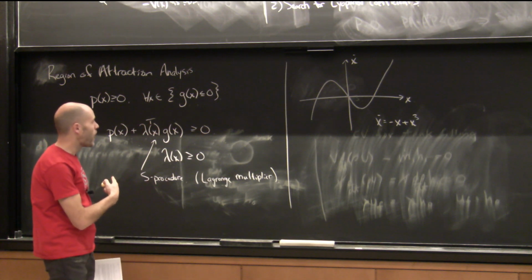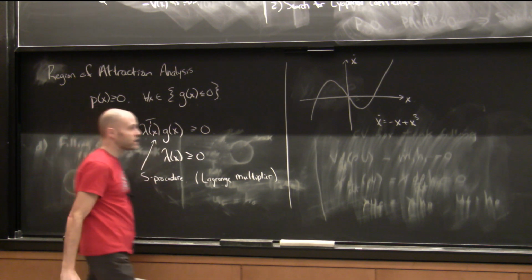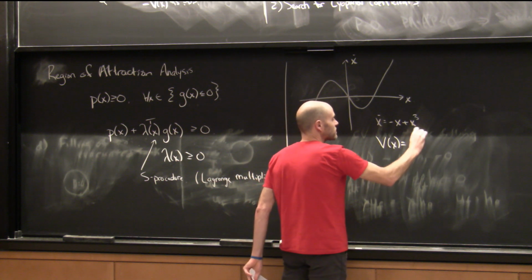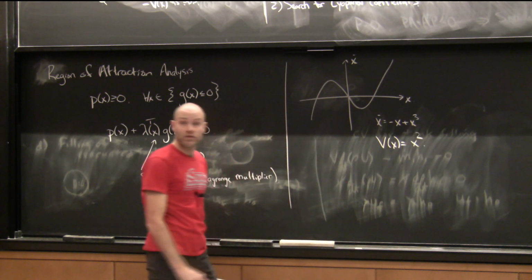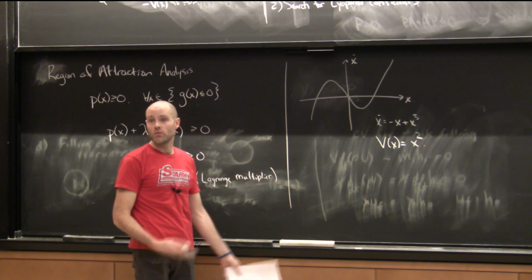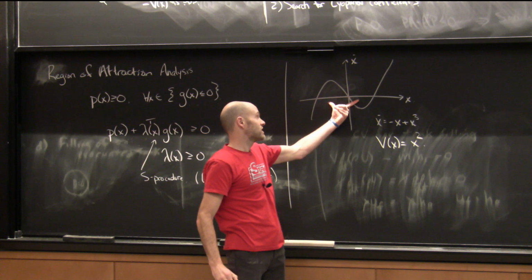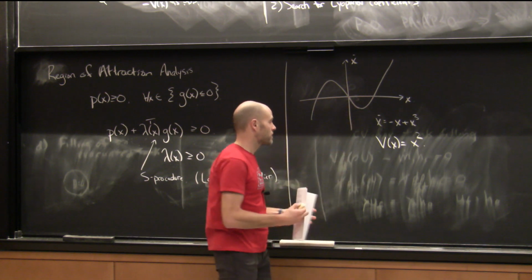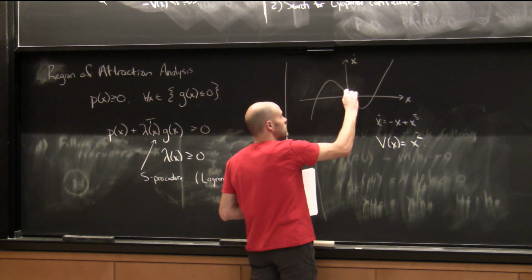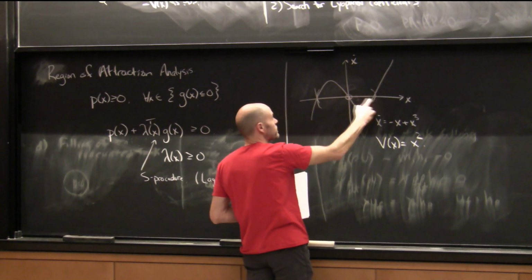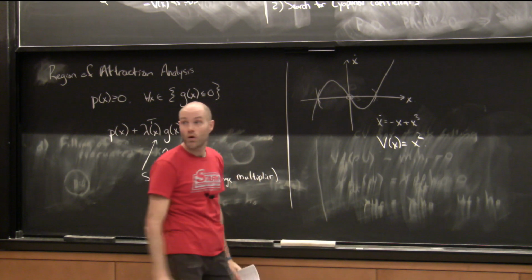We know that v of x equals x squared is a good choice for that. We were able to show before that it satisfied the conditions inside that region. This was useful to prove the region of attraction of that inner fixed point to be inside -1 and 1.